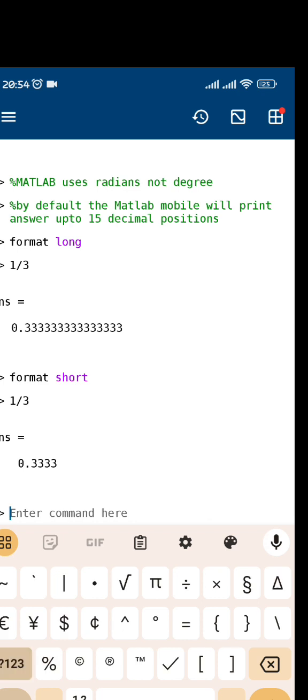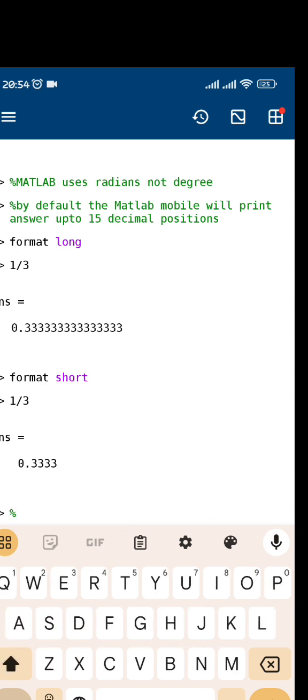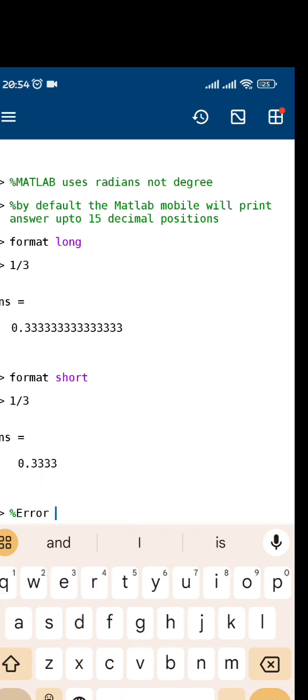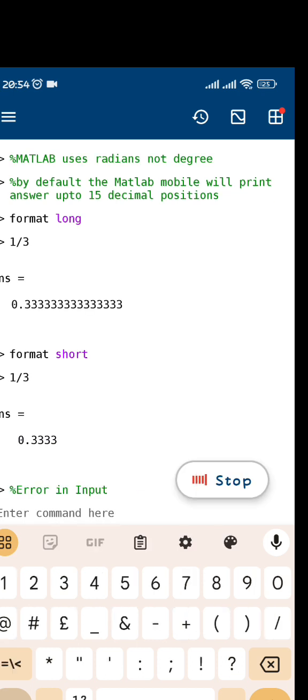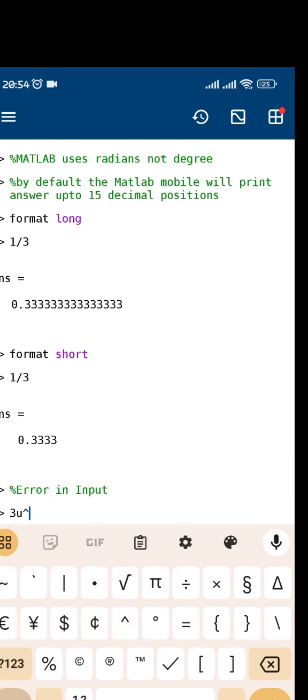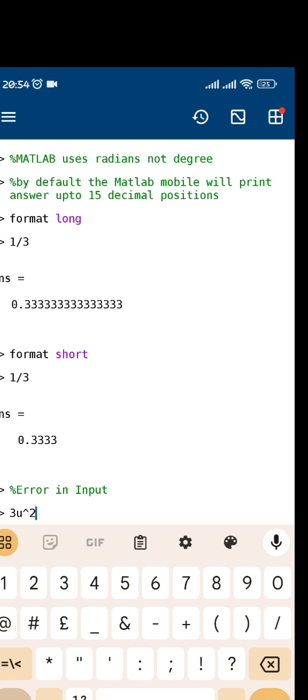Now, the next topic that we need to discuss here is a very short topic, but you have to keep it in mind as a beginner: errors in input. What could be the common errors in input? There may be very common errors. For example, when you are doing the mathematics roughly, or on a calculator, you want to multiply 3 with u square. Yes, you can write this on your page, but you cannot write it like this in the MATLAB window.